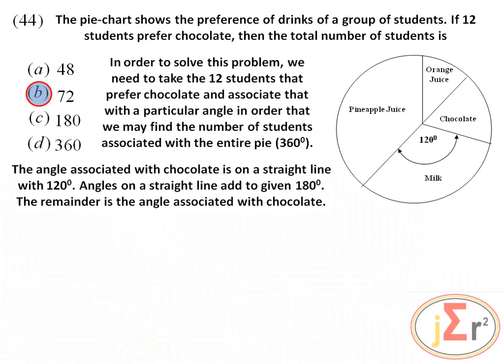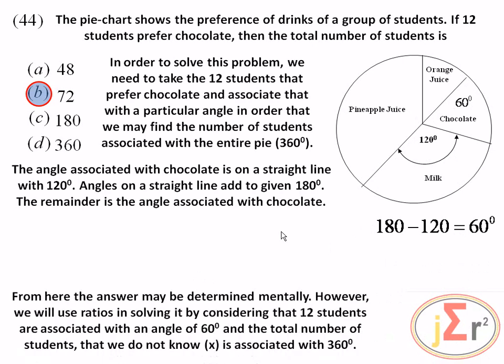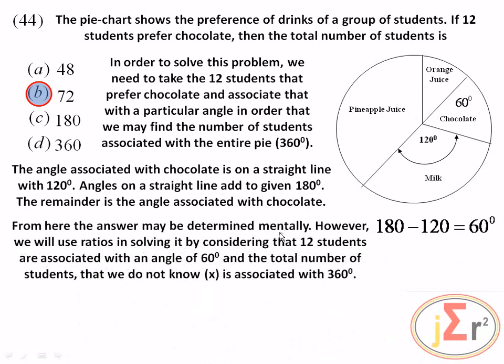Angles on a straight line add to give 180 degrees. The remainder is the angle associated with chocolate, which is 60 degrees. Angles on a straight line add to 180. This one is 120. The rest is 60 degrees. From here, the answer may be determined mentally.